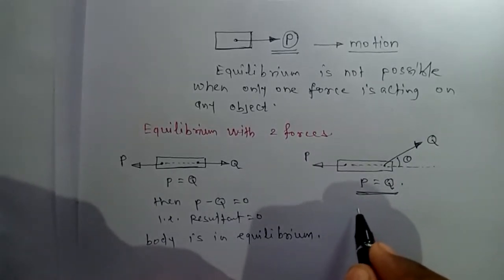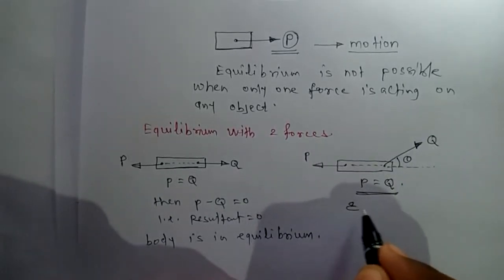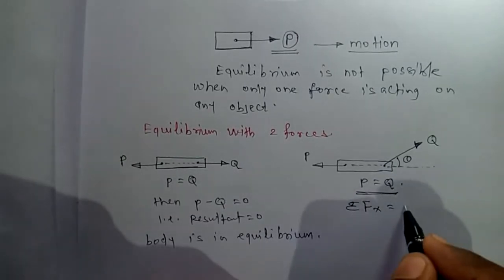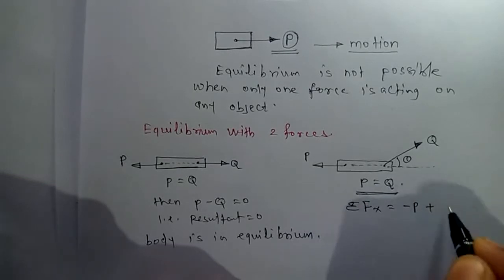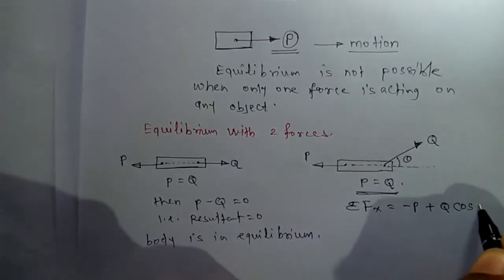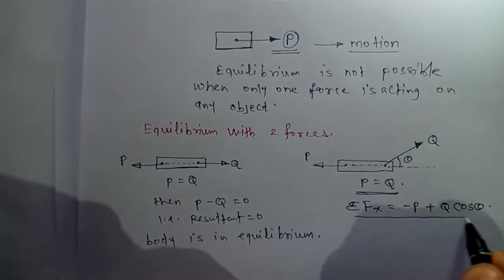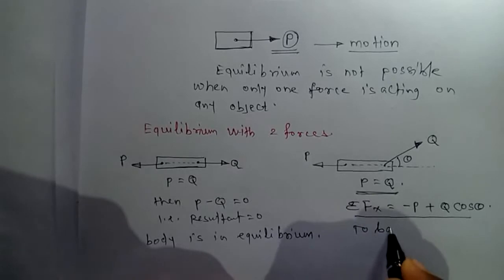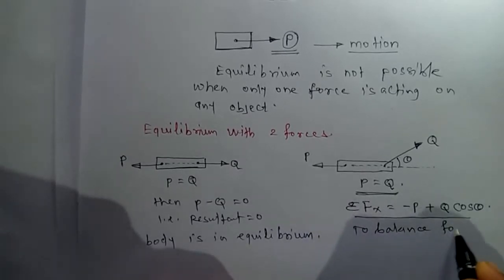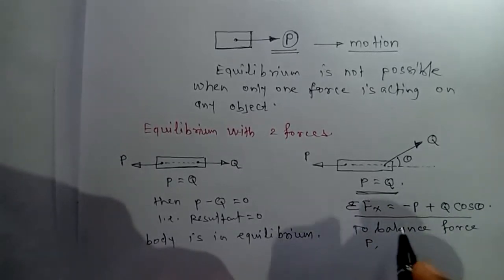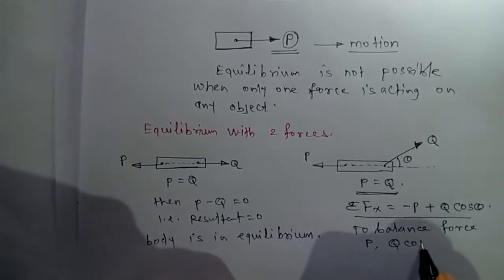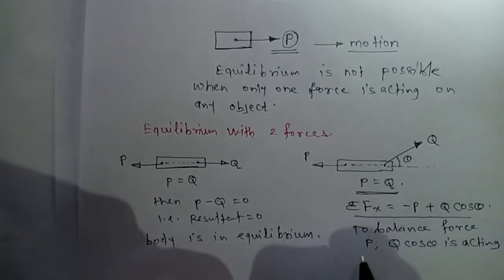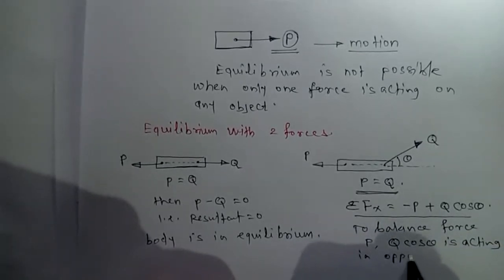But in this case, if you take summation of forces in horizontal direction, it will be minus P plus Q cos theta. And because of this, you can see that to balance force P, Q cos theta is acting in opposite direction.